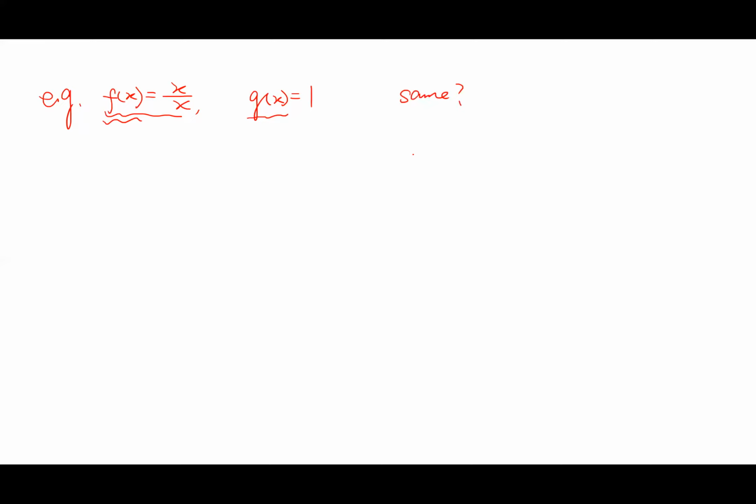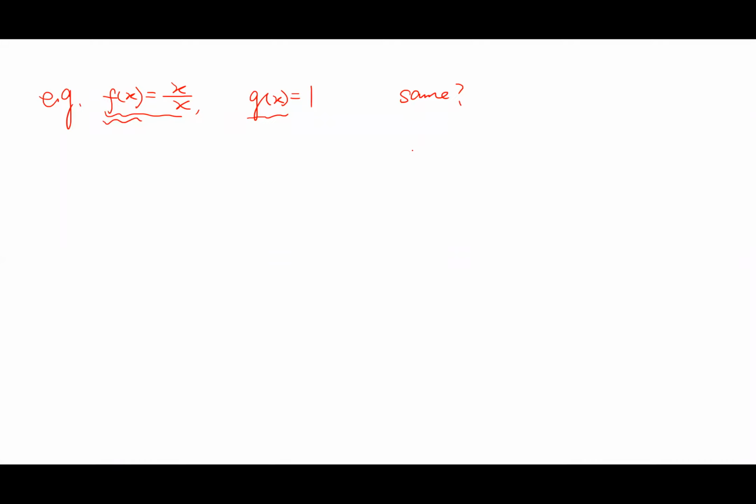No, not the same. Why are they not the same? They don't have the same domain. Yeah, excellent. Why don't they have the same domain? For the first function, x cannot be 0, and the second is all real numbers. Very good.